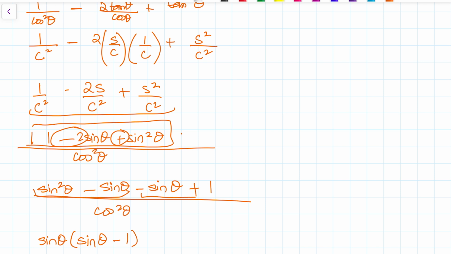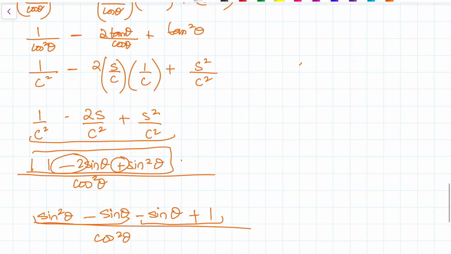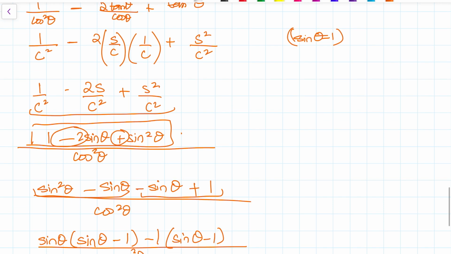Now grouping them and factorizing, taking a minus 1 common out. Now sine theta minus 1, sine theta minus 1 divided by cos square theta. Cos square theta can also be simplified, so I'm simplifying it over here so that we have a simplified denominator. Cos square theta can be written as 1 minus sine square theta.